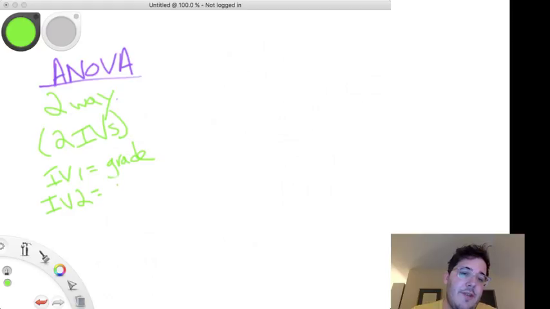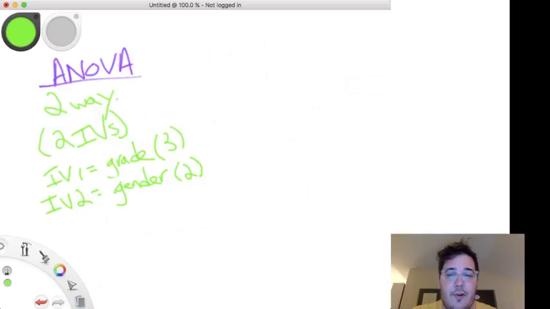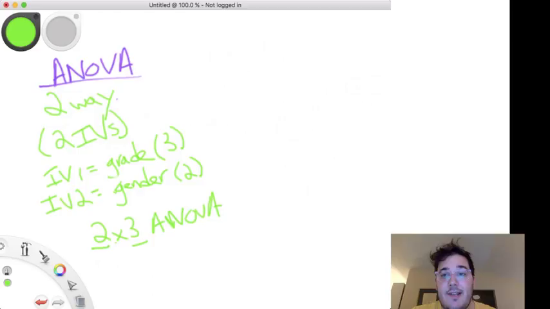I guess gender's fine. And so we'll say we have 2 levels of gender, male, female, and 3 levels of grade, first, eighth, ninth. You would call this a 2x3 ANOVA, right?